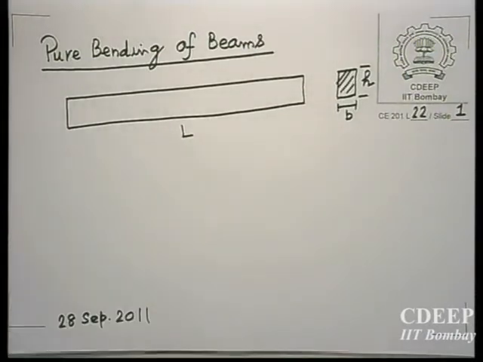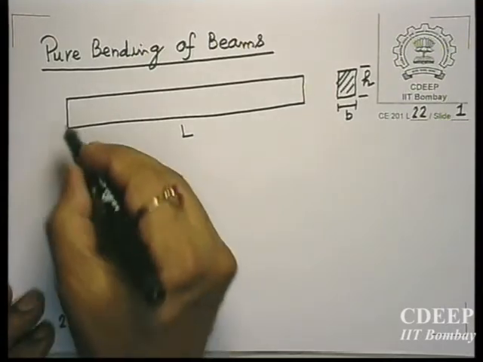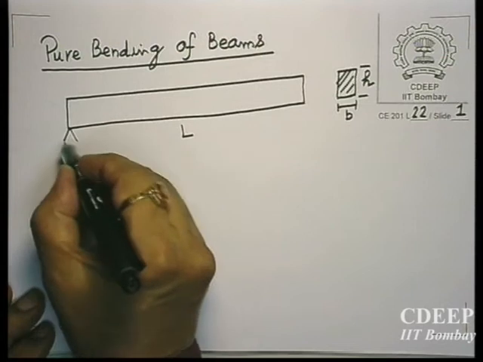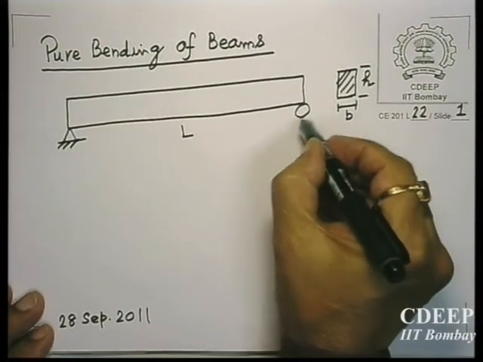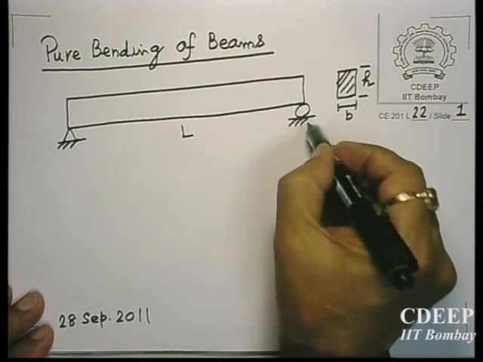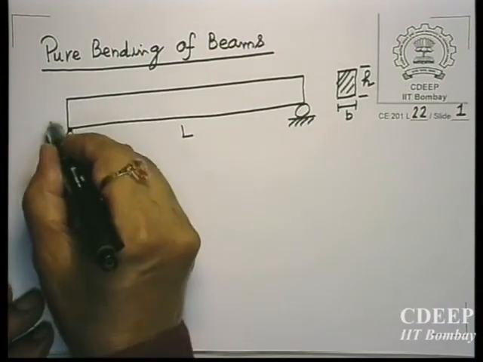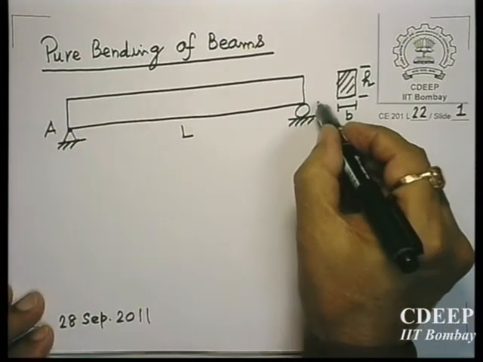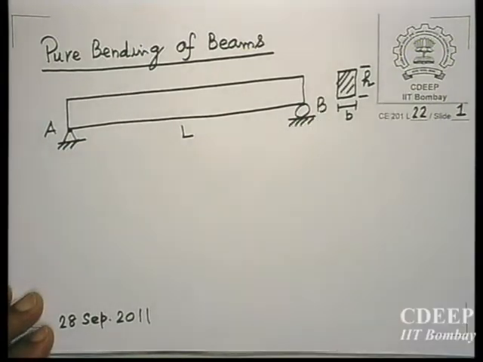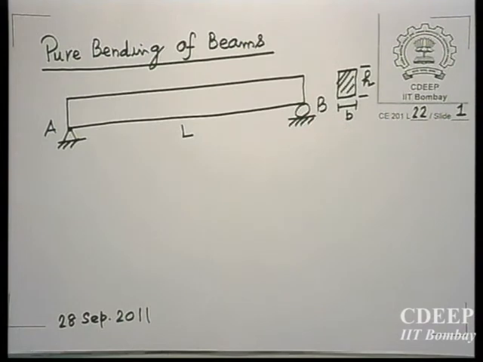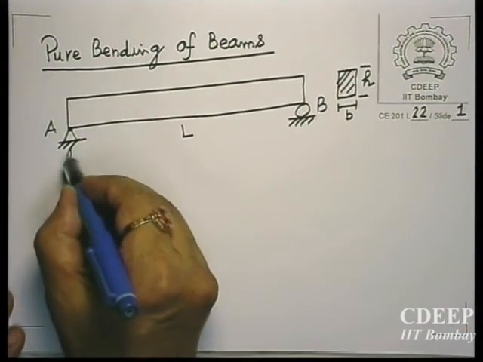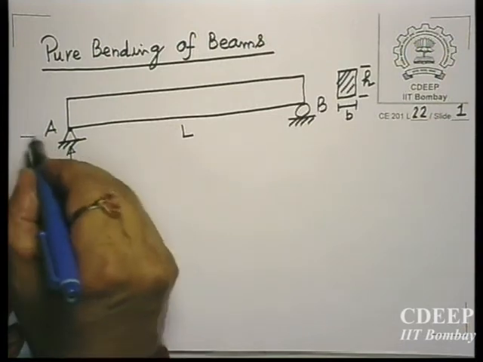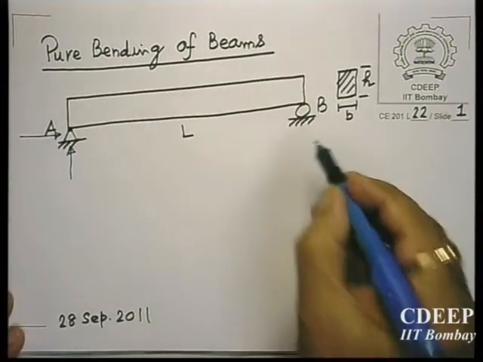Now how to subject this beam to pure bending? One simple way is that let us again take it as if it is simply supported. That means one end hinge, end A hinge, end B on a roller, so that there are only 3 reactions, because we don't want more than 3 reactions, because otherwise the problem becomes statically indeterminate, that we do not want.